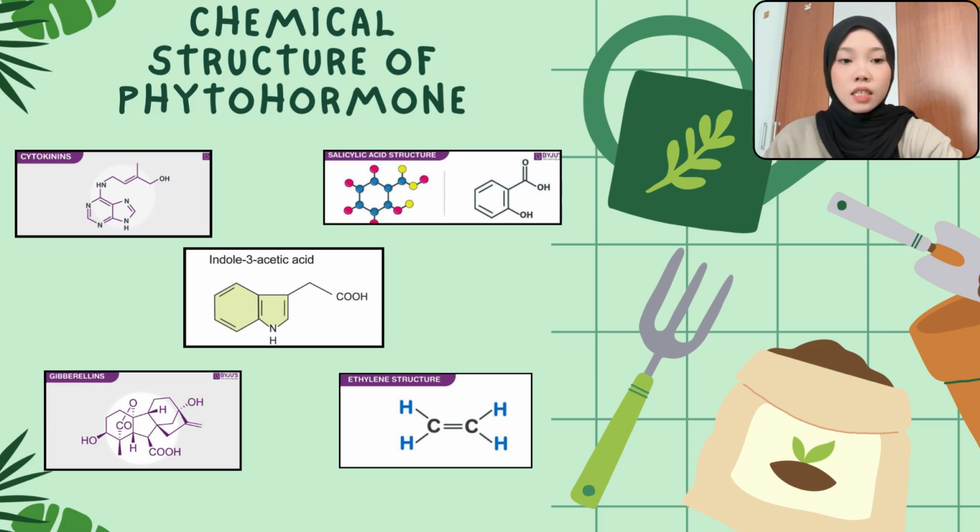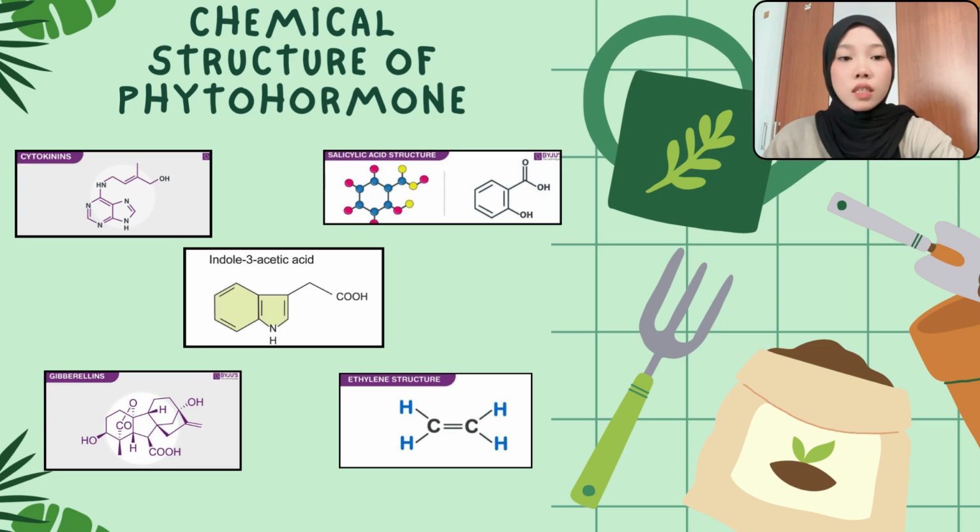Next is indole acetic acid, commonly known as IAA, which is the most abundant type of auxin. Auxins are crucial for cell elongation, root development, and directional growth, such as bending toward light. IAA has an indole ring structure, which gives it its unique properties.